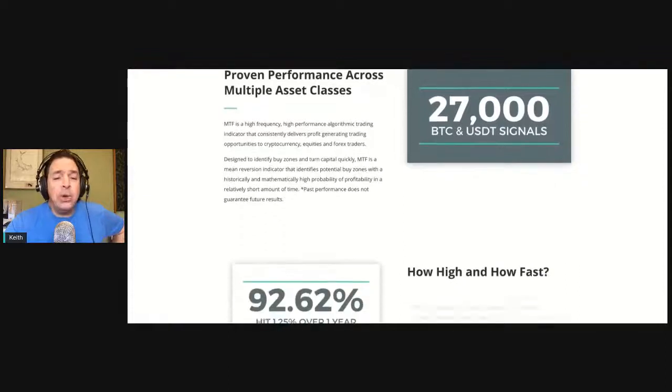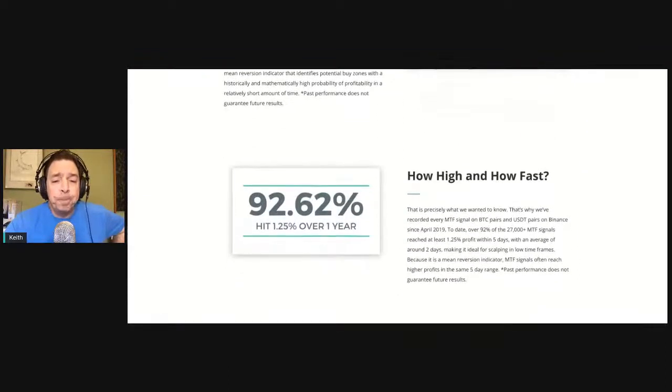But the nature of this indicator is basically identifying potential buy zones that have a historically and mathematically high probability of bouncing. And over this time, since April 2019, over 92% of them have hit 1.25% or higher. We're tracking this on a 5-day cycle because we want to be able to turn capital.